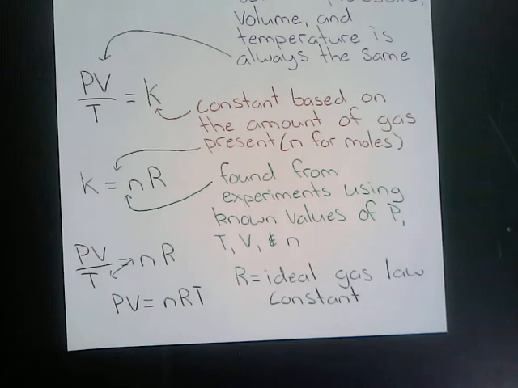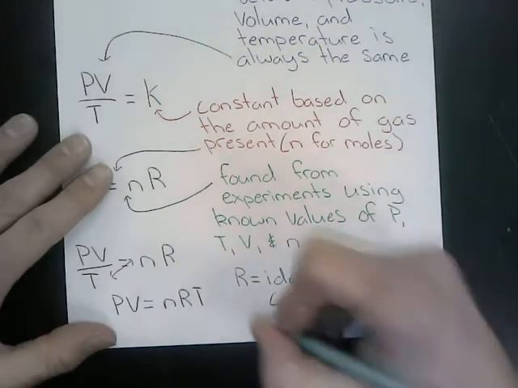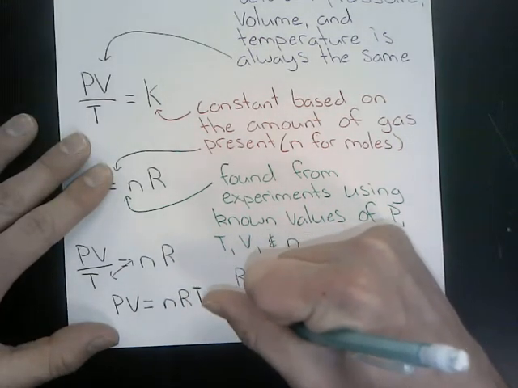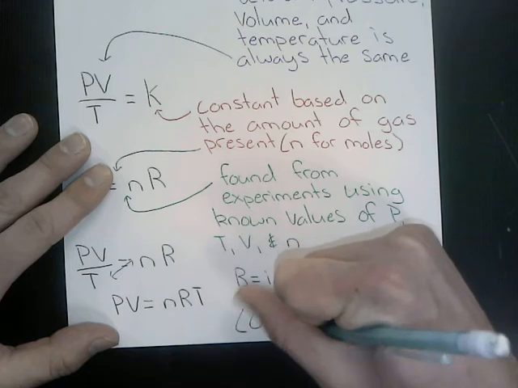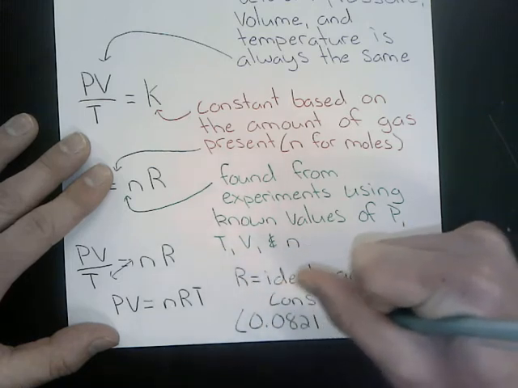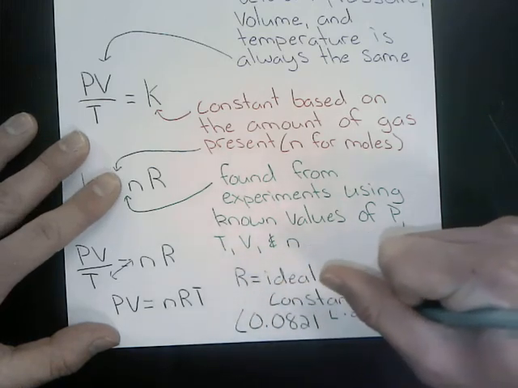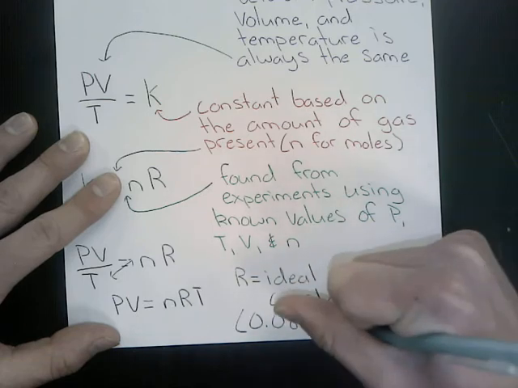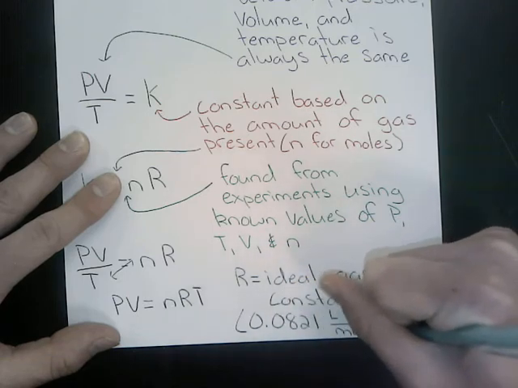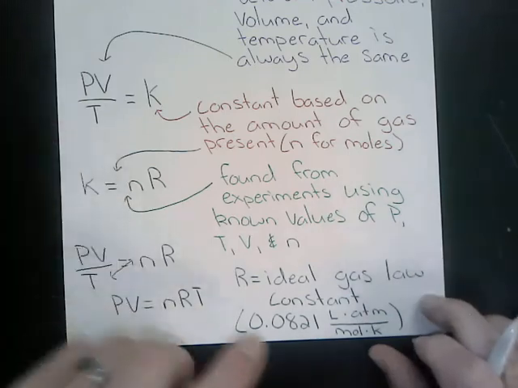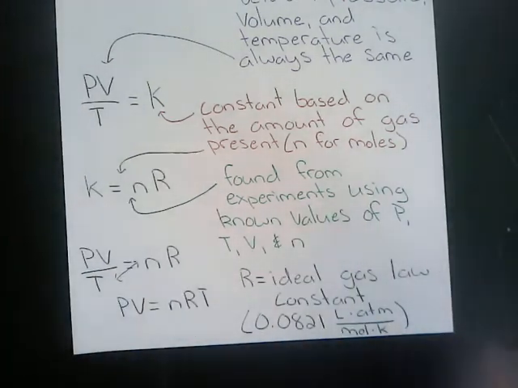And that R came from those experiments where they used P, T, V, and n to determine what the value of R is. Just as a reminder, the value of R is 0.0821 liter atmospheres per mole Kelvin, and this is found experimentally using those values of P, T, V, and n.